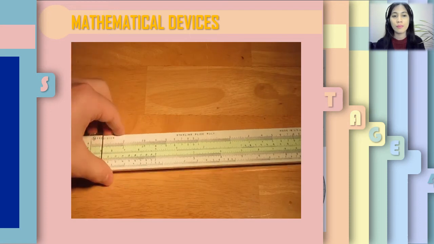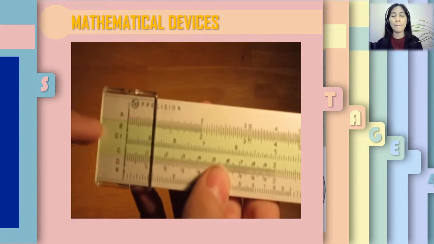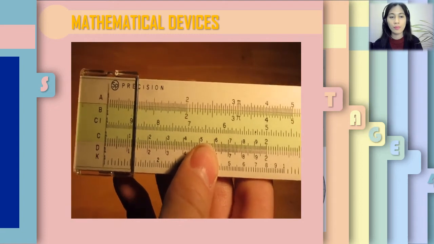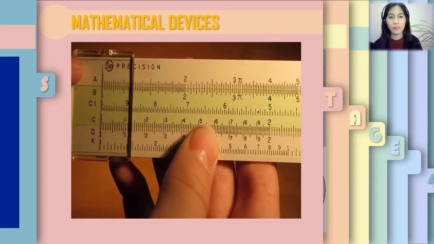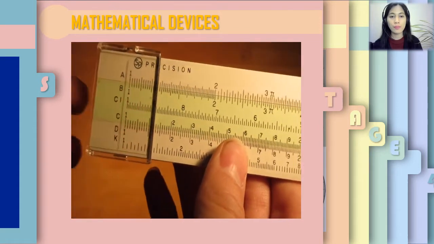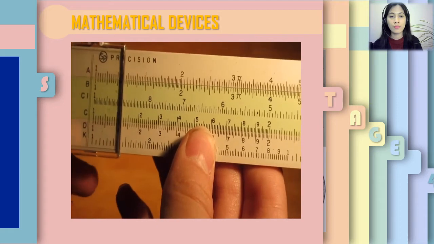So, if you look closely, the slide rule has lots of scales on it: A, B, C, the other C, D, and K. But today we're only going to be using A and B, and for division we'll only be using those two. So let's start with something simple and multiply 2 times 4.